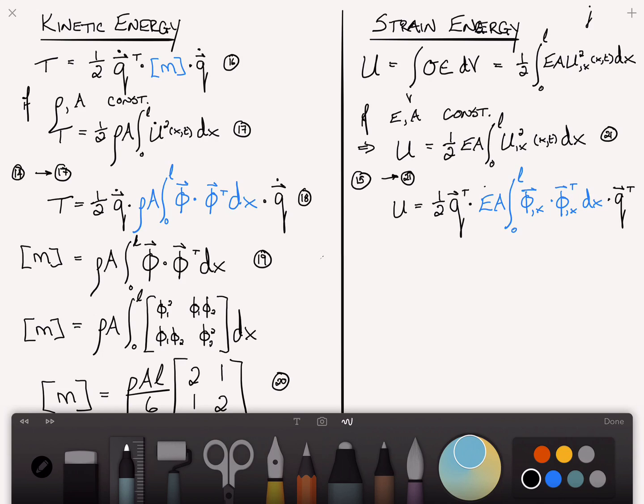So let me rewrite it, and it will make sense after the next line. In the case of an n-degree of freedom system, we can write the strain energy as 1/2 Q transpose times your K matrix times Q.